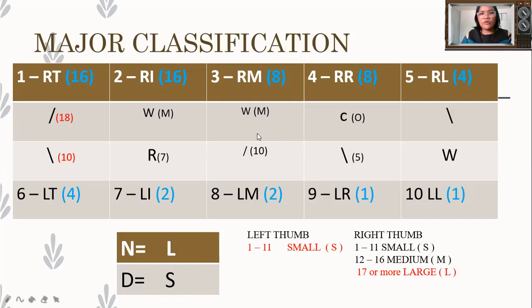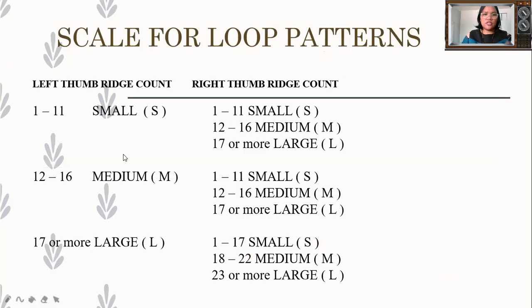So major classification, referring again to the thumb. The left thumb governs the classification of the right thumb. So these are the scales. If the symbol at your left thumb is medium, you will use this scale to establish the classification of the right thumb.